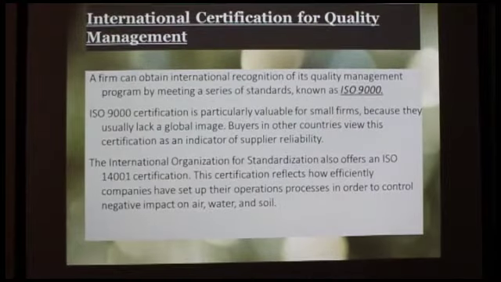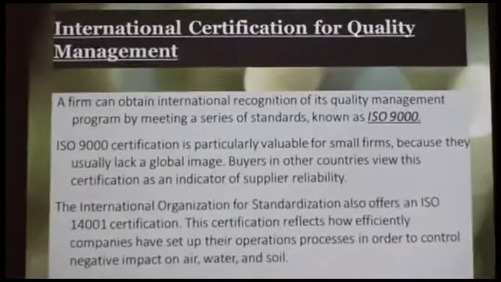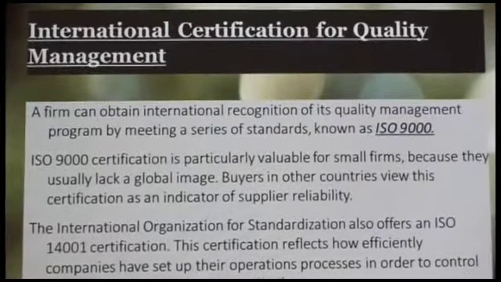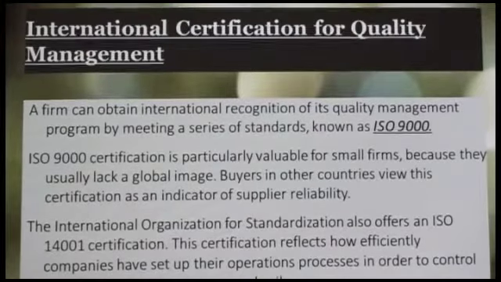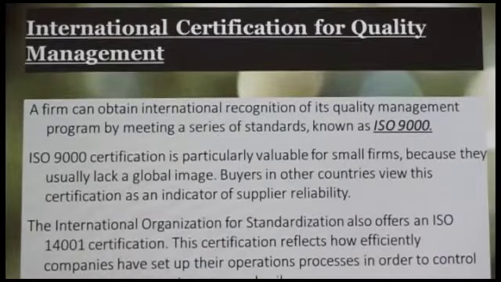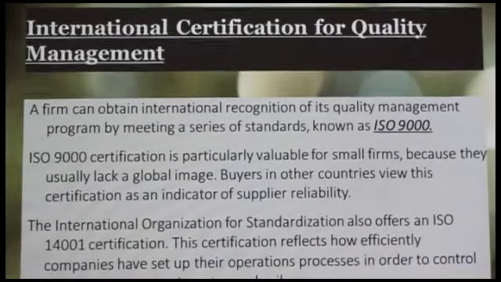International certification for quality management. A firm can obtain international recognition of its quality management program by meeting a series of standards known as ISO 9000. ISO 9000 certification is particularly valuable for small firms because they usually lack a global image.